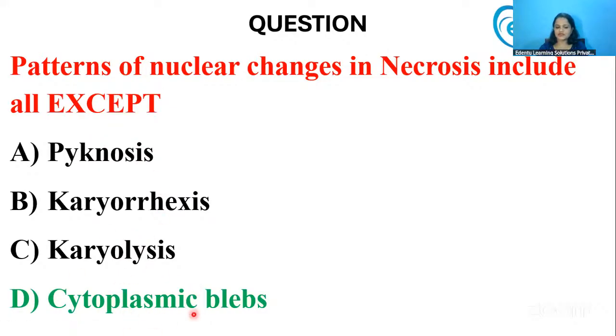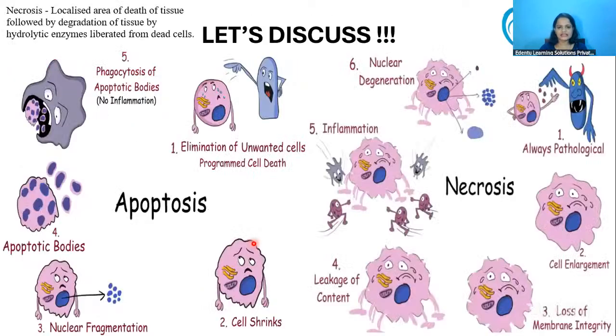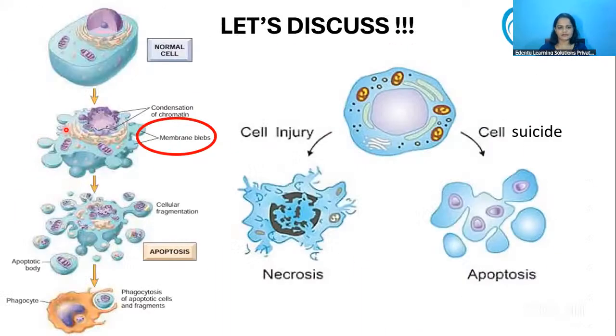But cytoplasmic blebs are blister-like projections extending from the cell surface, and they are most commonly seen in apoptosis.